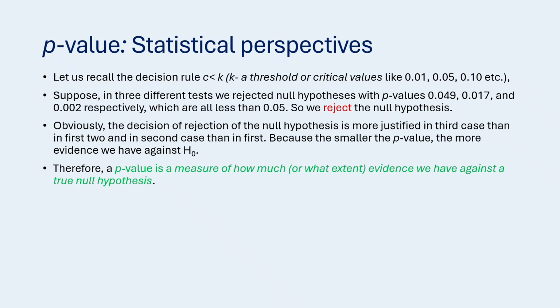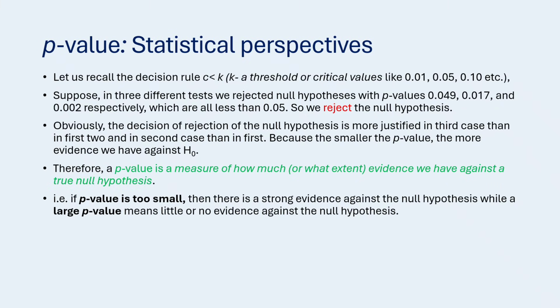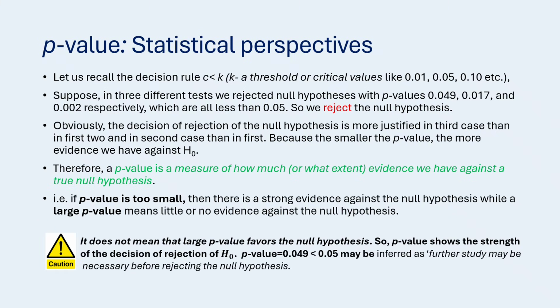So p-value is a measure of how much evidence we have against the null hypothesis. If p-value is too small, then there is strong evidence against the null hypothesis, while a large value means little or no evidence against the null hypothesis. Here at this point, we have to be a little careful about the interpretation of p-value. It does not mean that a large p-value always favors the null hypothesis.